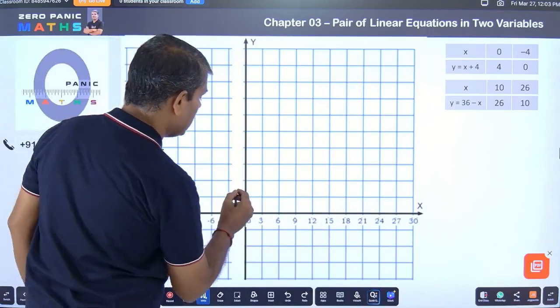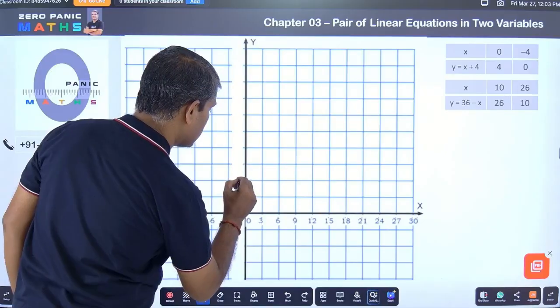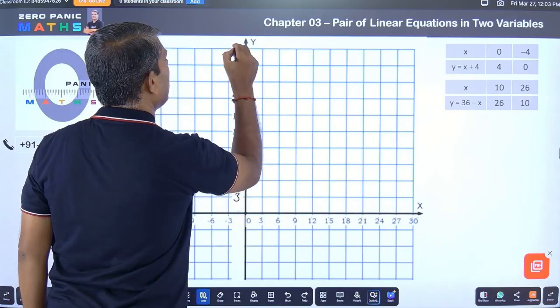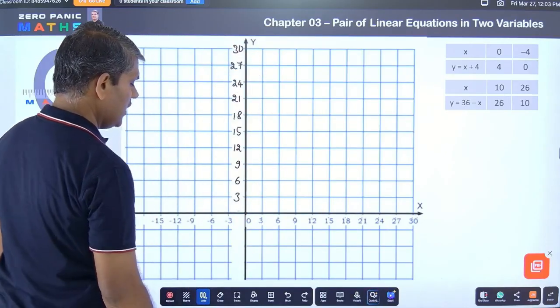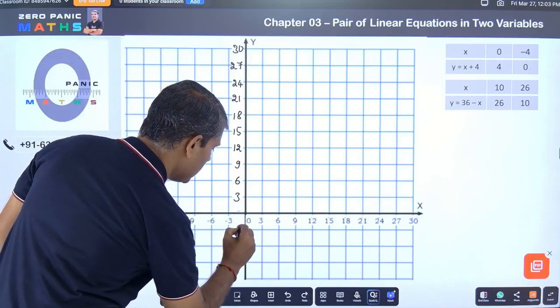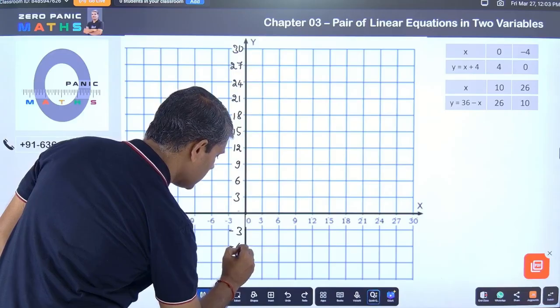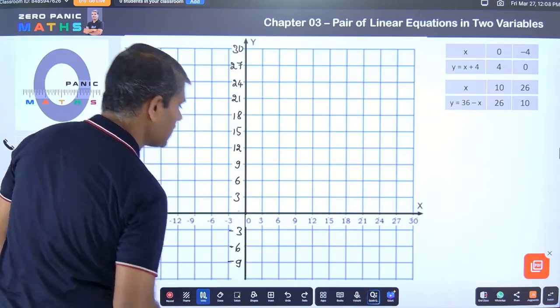Let me write the y coordinates also: 3, 6 and so on up to 30. Similarly, I should write -3, -6 and -9.